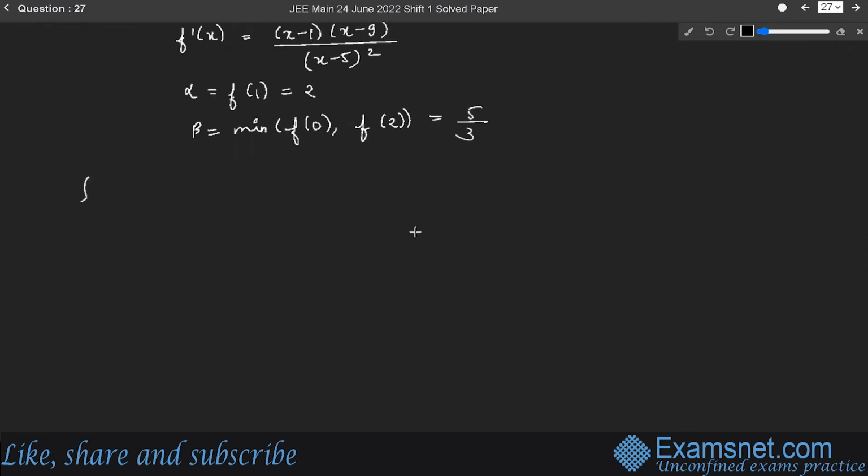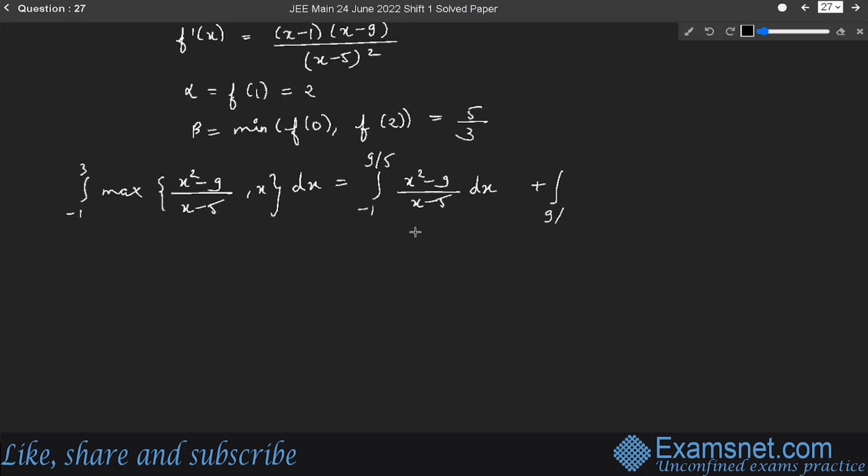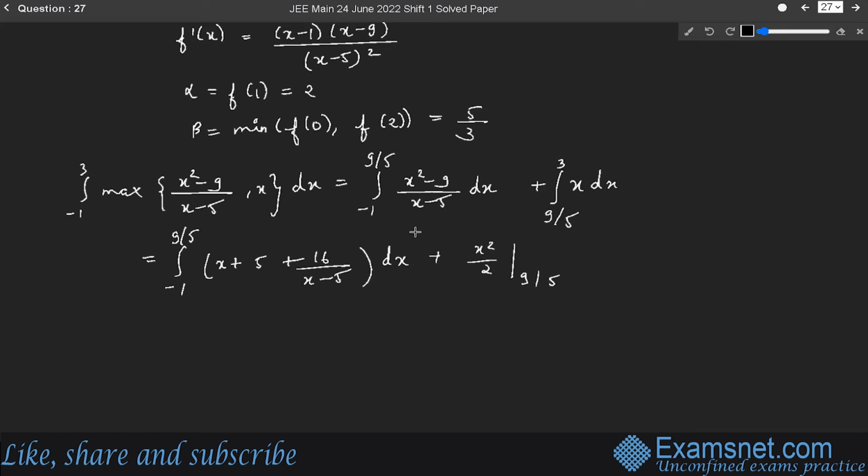Now, the integral of minus 1 to 3 of the maximum of ((x square minus 9) divided by (x minus 5), x) dx will be equal to the integral of minus 1 to 9 by 5 of (x square minus 9) divided by (x minus 5) dx plus the integral of 9 by 5 to 3 of x dx, which will be equal to the integral of minus 1 to 9 by 5 of (x plus 5 plus 16 upon (x minus 5)) dx plus x square by 2, where 9 by 5 is the maximum.